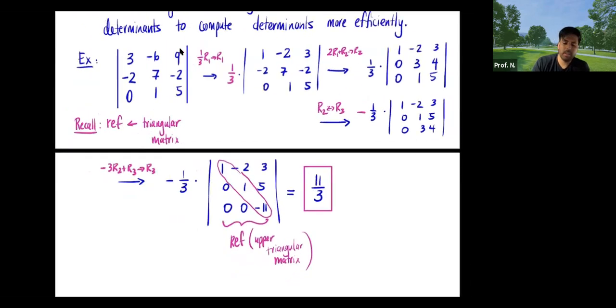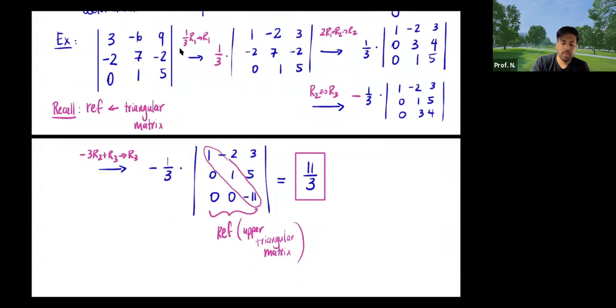Does everybody see what I did? For every step, I'm applying an elementary row operation. Every row operation affects the determinant either by multiplying by negative 1 when you swap rows, leaving the determinant alone if you add a multiple of one row to another, and if you just multiply straight up a row by a scalar, you're multiplying the determinant by the scalar that you multiplied by.